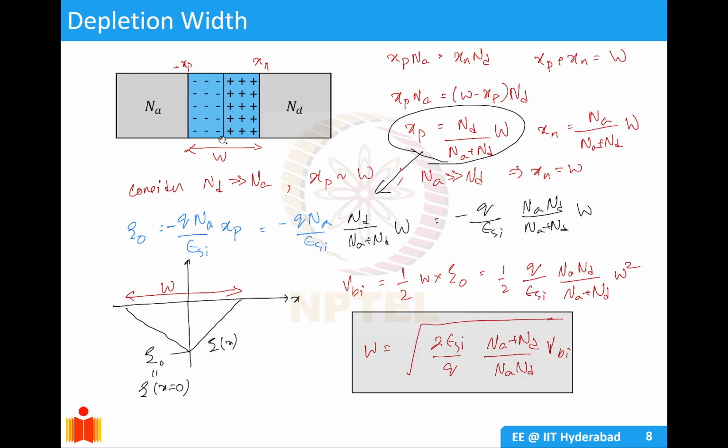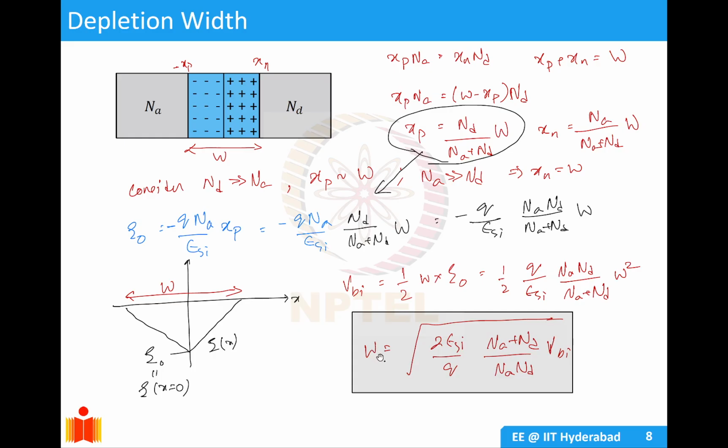So the electric field in the center is, we know, minus q NA by epsilon Si times XP. So XP we can write as this. So it becomes minus q by epsilon Si times NA ND by NA plus ND times W. The built-in potential is approximately given as half W into peak electric field, which is half q by epsilon Si times NA ND upon NA plus ND times W squared.